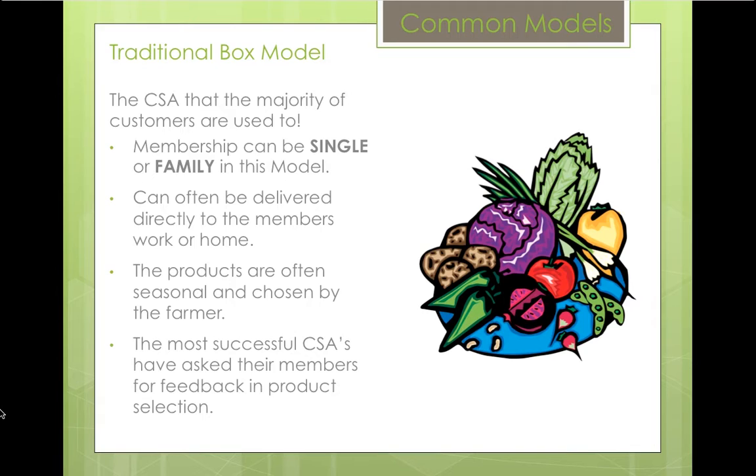But I'd like to caution you in this case that when you're choosing your products, the most successful CSAs in the traditional box model that I have seen will ask their members for feedback on the product selection. I saw one small farm that chose broccoli and Brussels sprouts, and because of the season, had an entire month where the only thing in the box was broccoli and Brussels sprouts, and because of that, they lost a significant portion of their membership the next year.